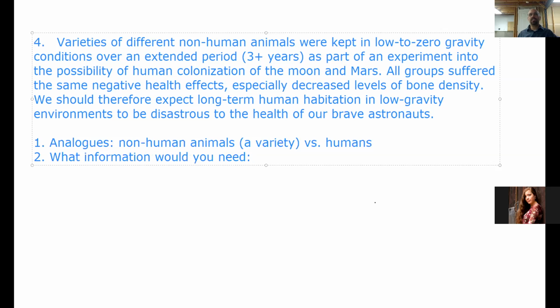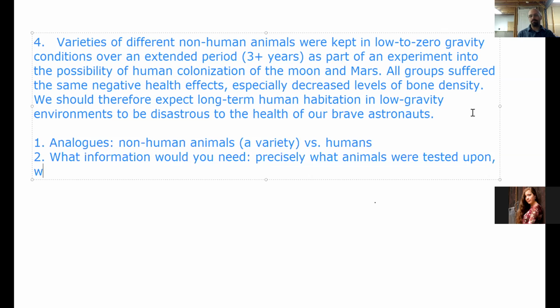In particular, you need to know precisely what animals it is. And in particular, what do you need to know? You need to know, were the animals tested on? Do they form, or do their bones attain the density in the same way that human bones do?